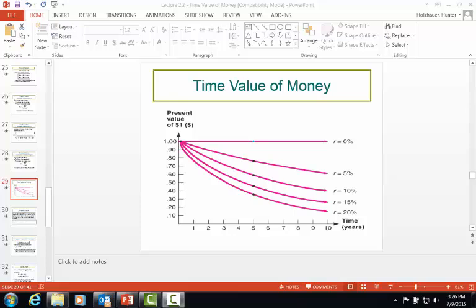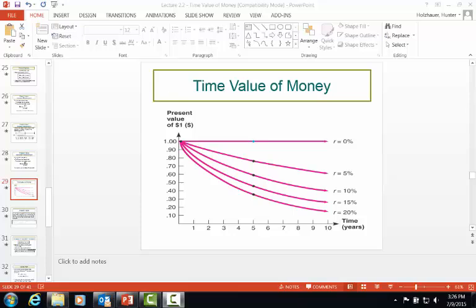So $10 in the future should be worth $10 now. Whereas if you are going to be putting it in a very risky stock market fund, where you expect to get 10%, 15%, or maybe even 20%, that number needs to be much higher down the road because you require that much higher return because of the risk involved.